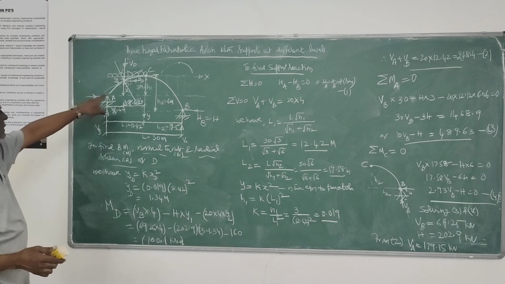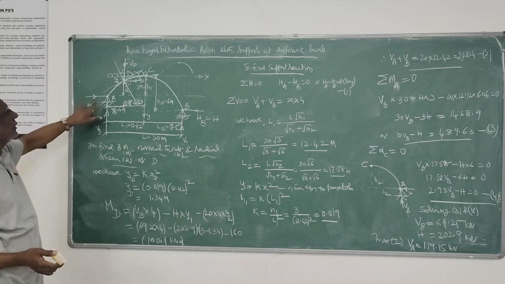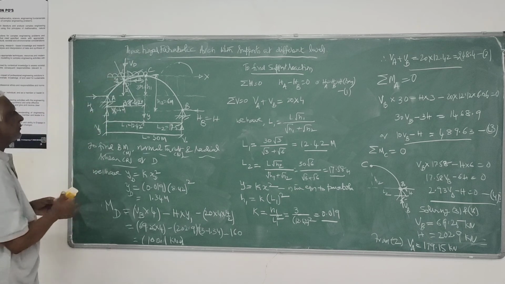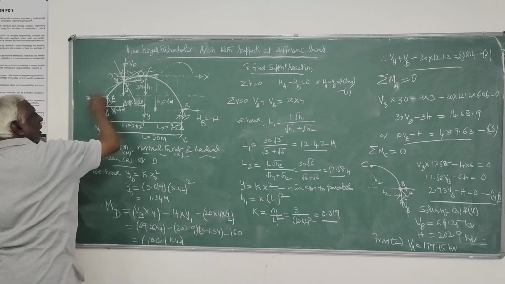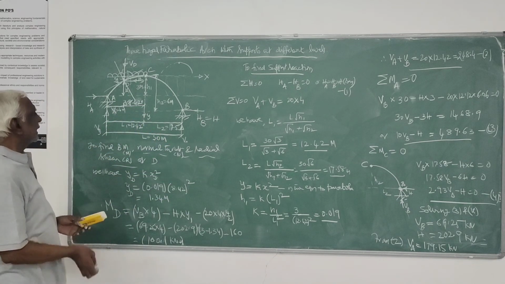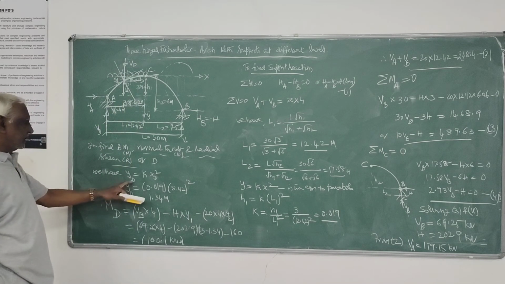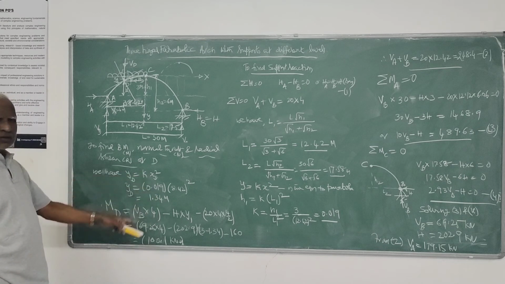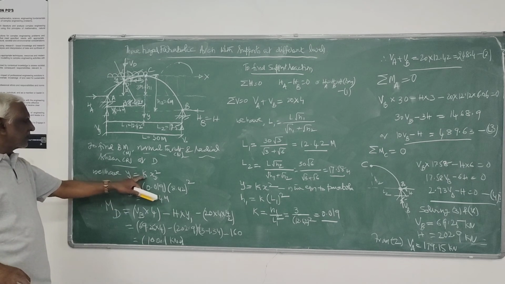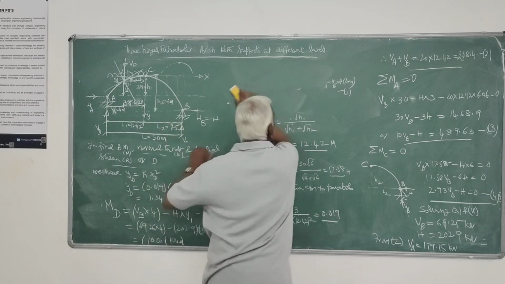HD should be equal to H and VD is equal to VB minus 20 into 4, which is 80. You resolve VD and HD along the tangent and normal to get normal thrust and radial shear. So you have to work out theta. For working out theta, you take the equation of the curve and dy by dx, and you will get theta.